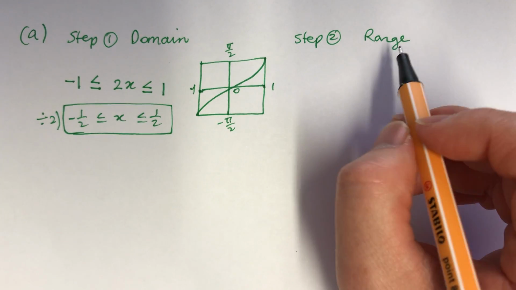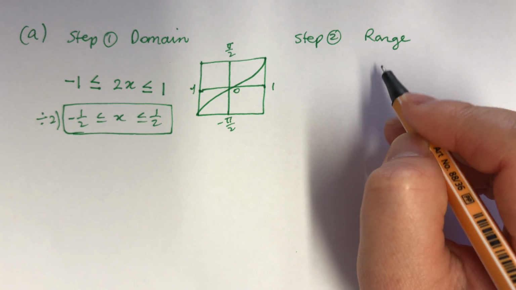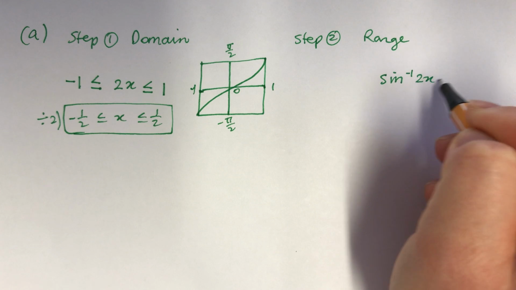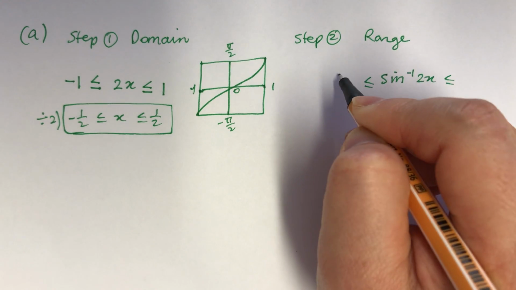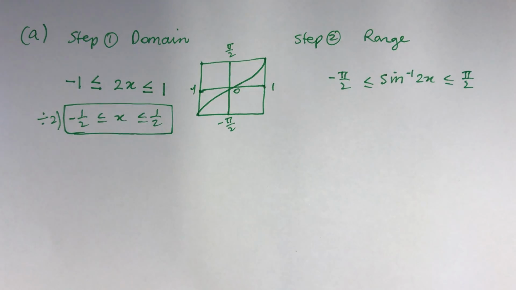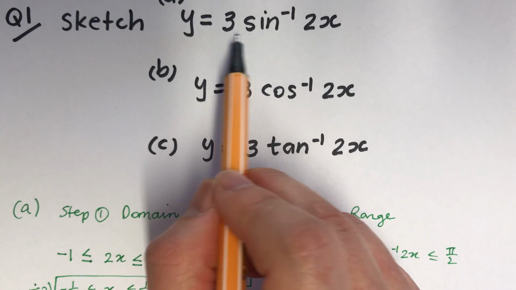The range will be, I'm going to use my output, which will be my inverse sine 2x, and my output will be minus pi over 2 to pi over 2. And what was my new output? There's a 3 in it.